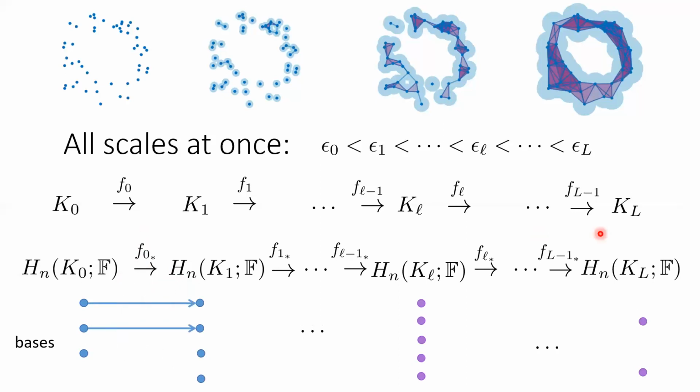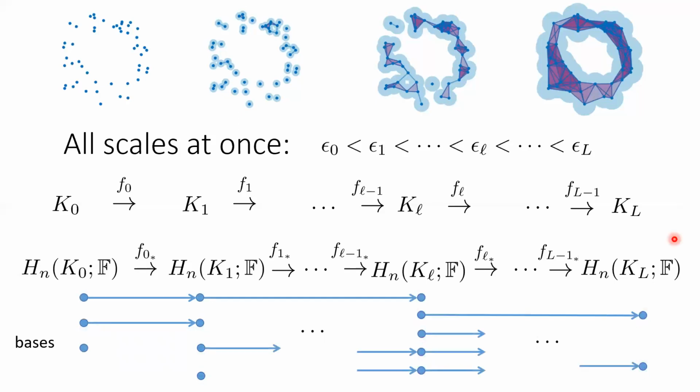Now, here's where things are very nice when we use field coefficients. What is true, and it is non-trivial to see it, but it is certainly true, is that once you use field coefficients, it is actually possible to change all the bases at once, so that the basis elements correspond in the fashion identified by the arrows. In other words, these bases are compatible in the sense that a basis element like this dot is going to another basis element.